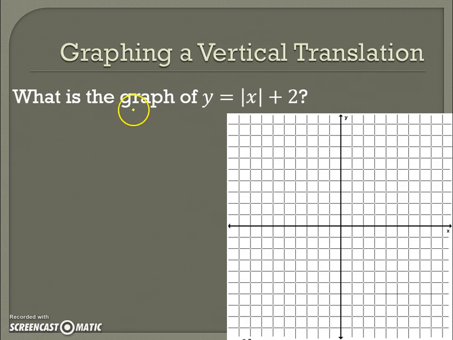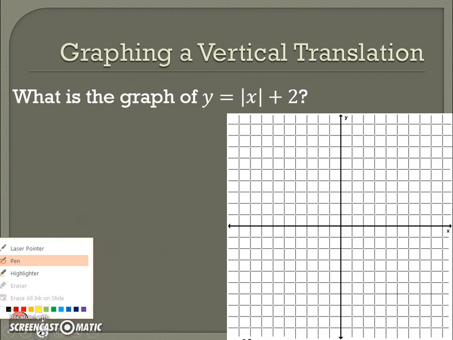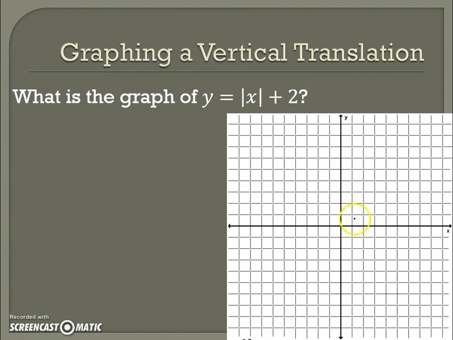So what is the graph of y equals the absolute value of x plus 2? Well, we know that the parent function looks something like this, and you'll have to excuse my lines that are not very straight. Notice how on the parent function, it's going through where this grid crosses every time.